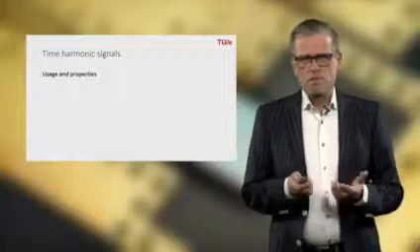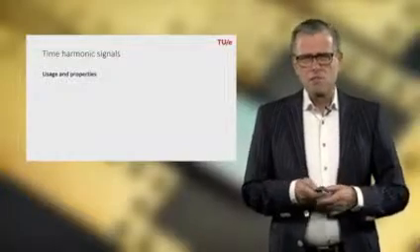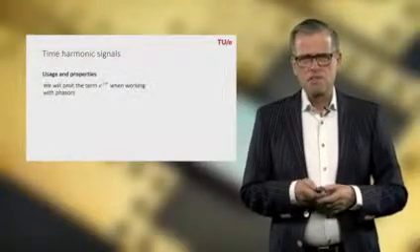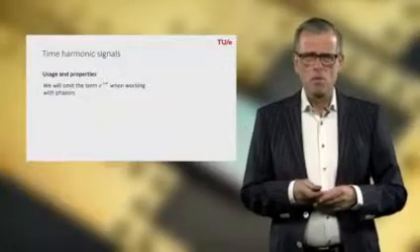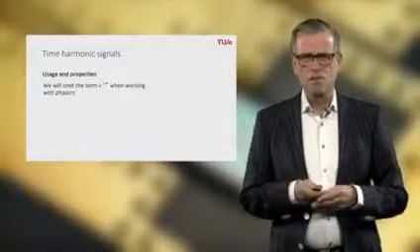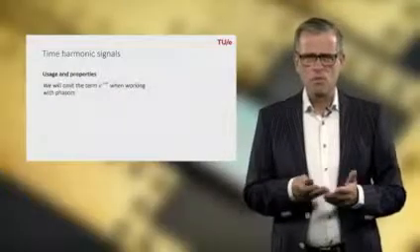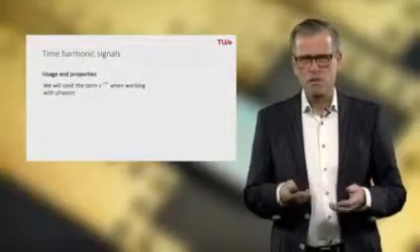Usage and properties of this frequency domain voltage, or other signals. First of all, we will always omit the term e to the power j omega t when we work with phasors, so when we work in the frequency domain.